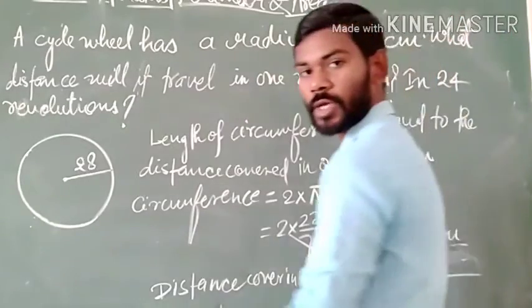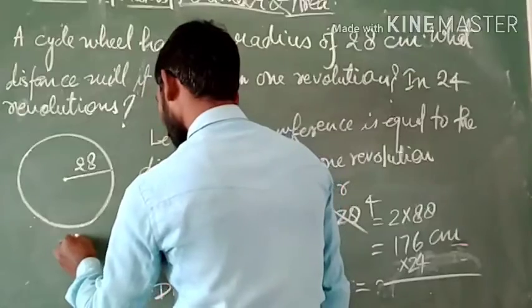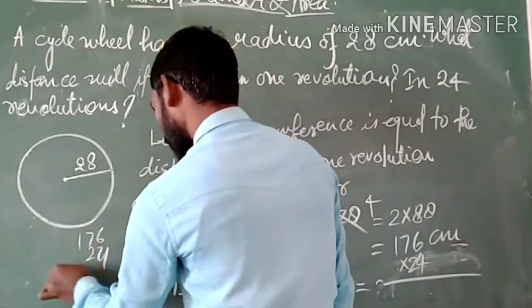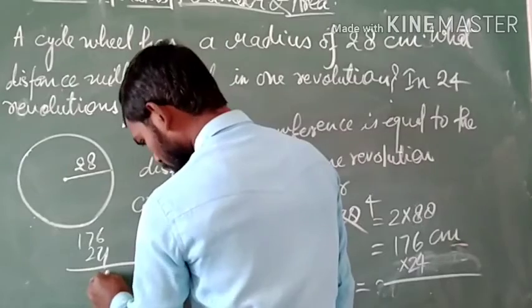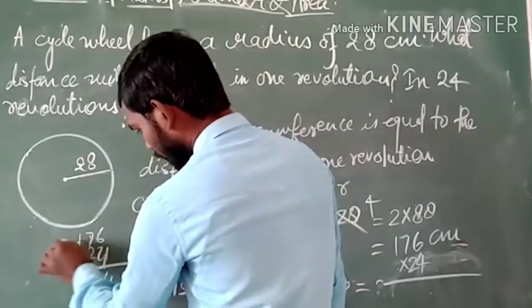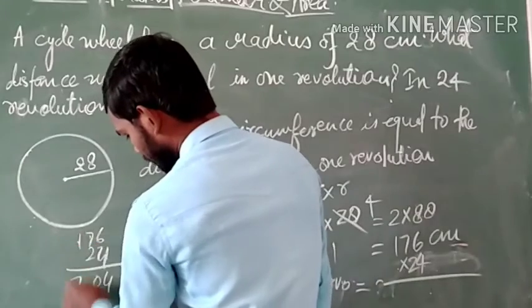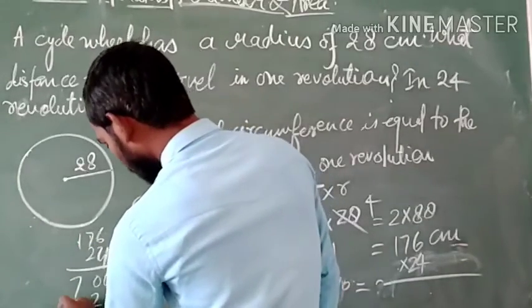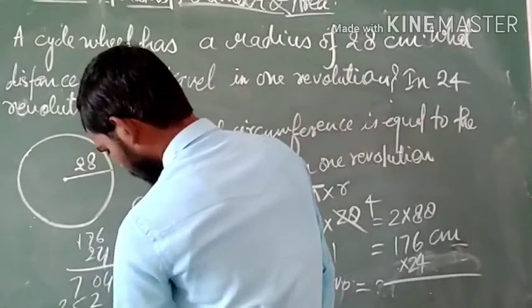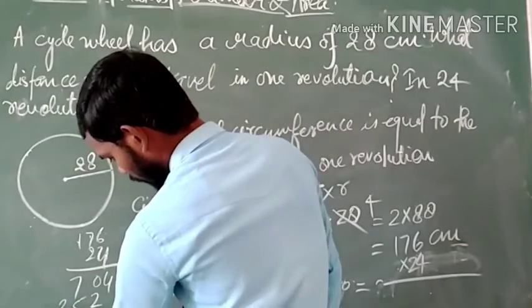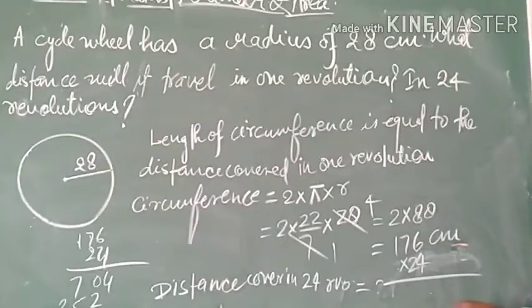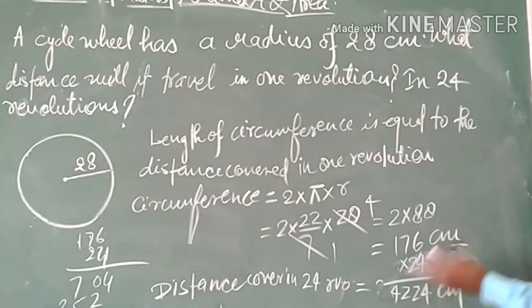Okay, now here we can solve it. 176 times 24: we get 4 6s are 24, 4 7s are 28, and 4 1s are 4. 2 6s are 12, 2 7s are 14, and 2 1s are 2, which is equal to 4224. So here we get the result 4224 centimeter, or it will be equal to 42 meter 24 centimeter.